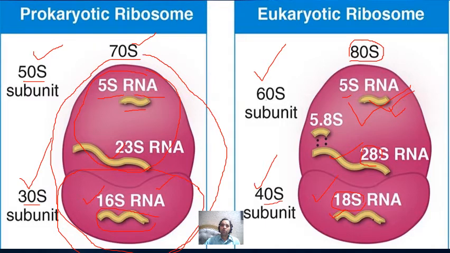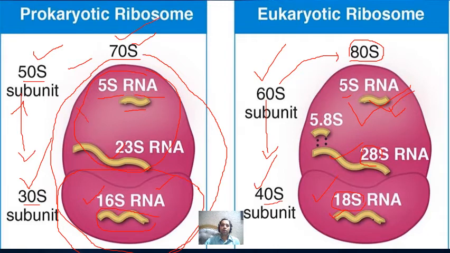Here, one thing should be clear: it does not mean that 40 and 60 become equal to 100, and that is why it is 80S. Likewise, 50 and 30 do not mean that it amounts to 80 if added. It simply means that if both subunits are present, it will sediment at 70.